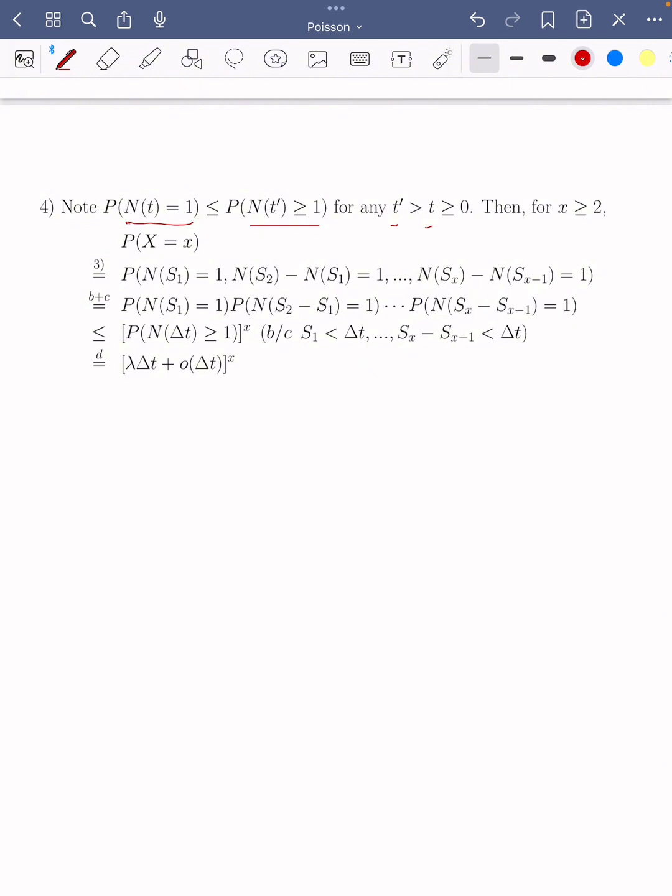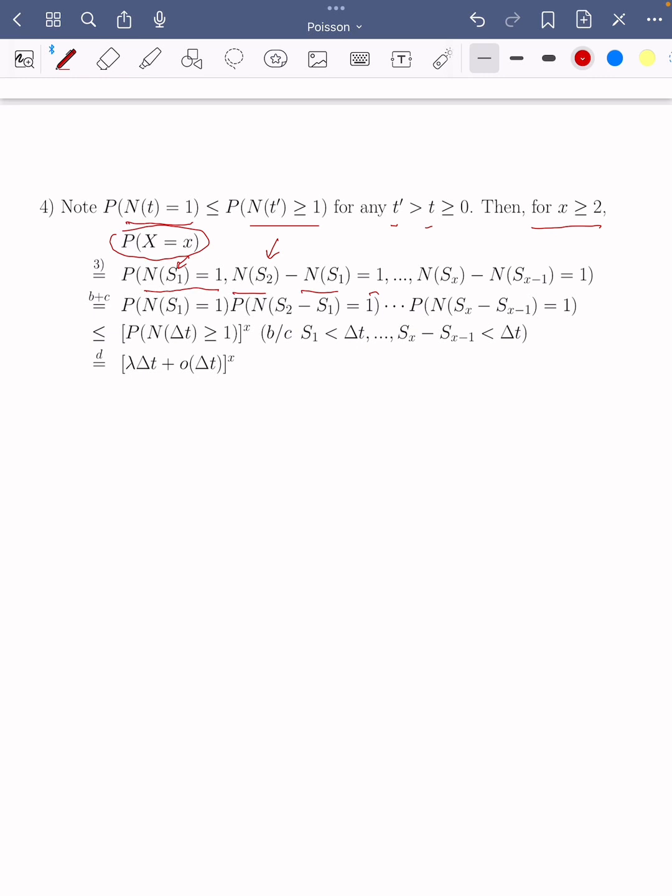So for x value bigger than or equal to 2, we try to estimate this probability. It is equal to the event that N at S1 equals 1, because there's one arrival at time S1, and also another arrival at S2, so N of S2 minus N of S1 is equal to 1 as well.